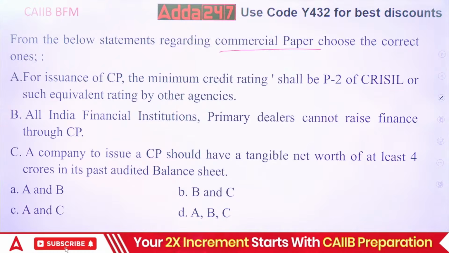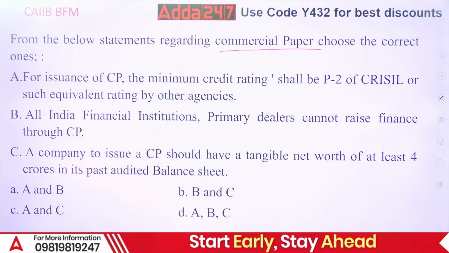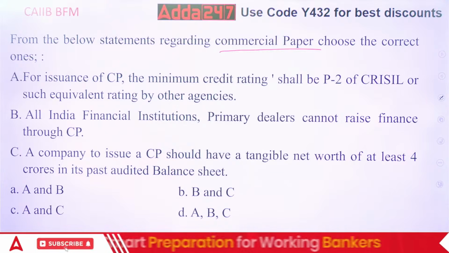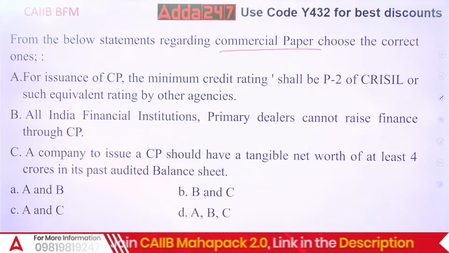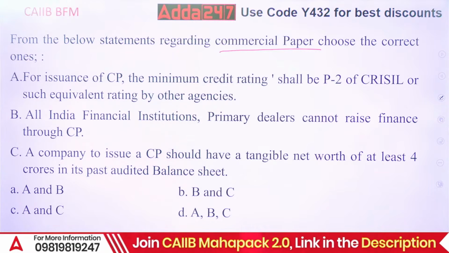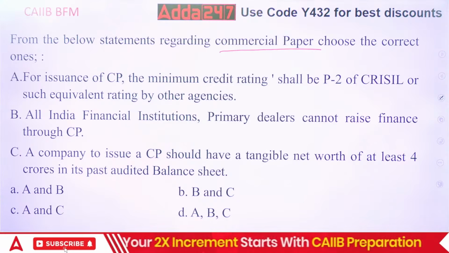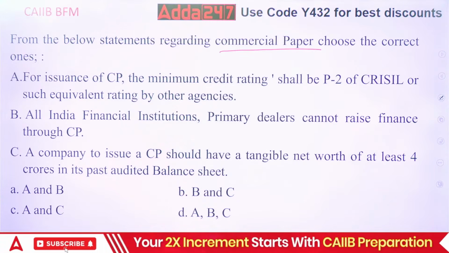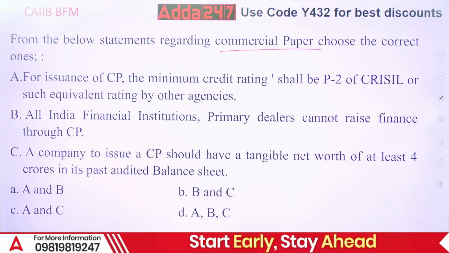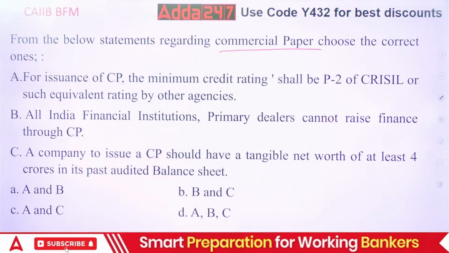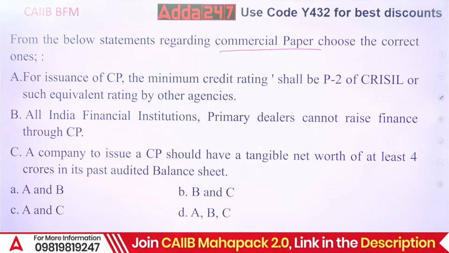All India FI primary dealers cannot raise finance through CP. A company to issue CP should have tangible net worth of 4 crores in the past audited balance sheet. So which of them is true? All of them, A, B and C? True or no?